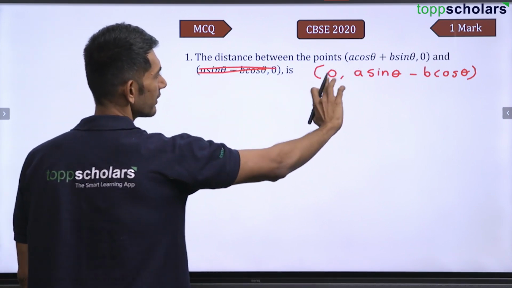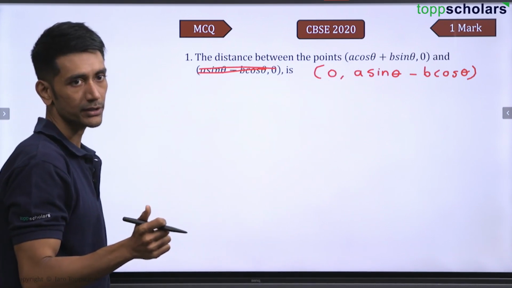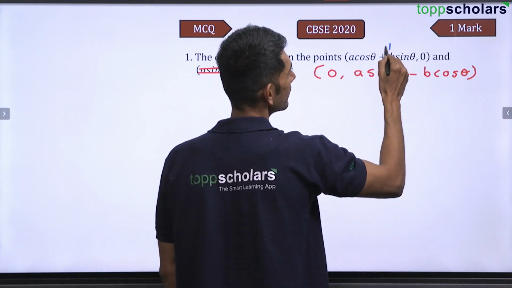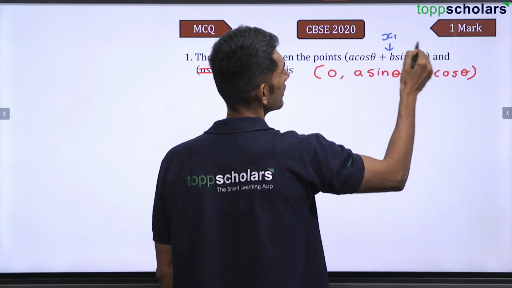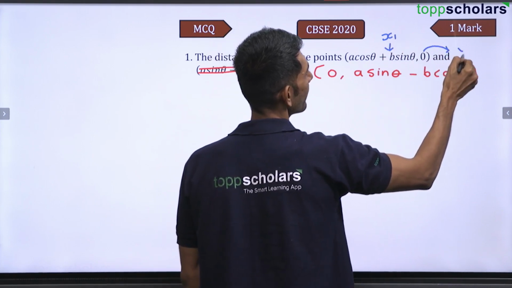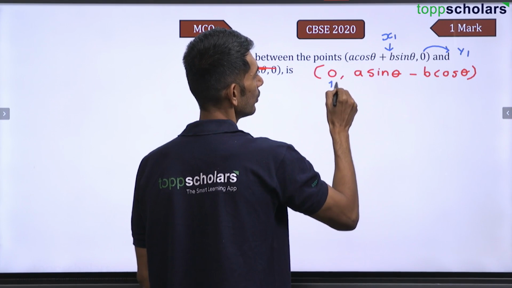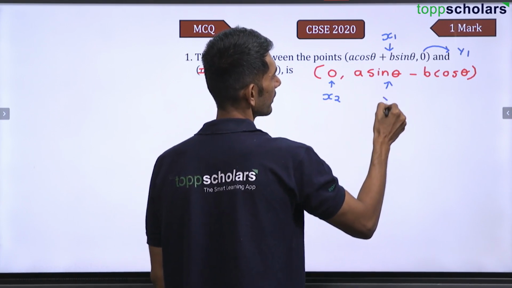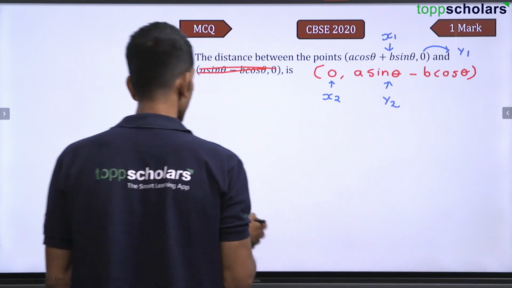This is 0 comma a sin theta minus b cos theta. Okay, so what is given to us? Can I say here, this is my x1, 0 is my y1, 0 here is my x2, and this is my y2, correct?